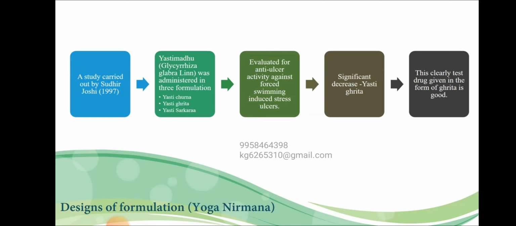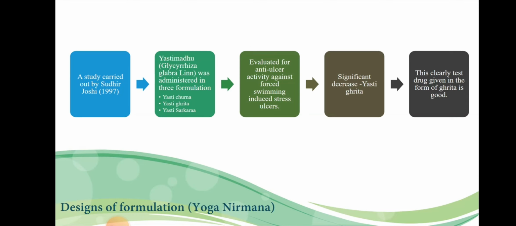The study was done in swimming-stress rats. A significant reduction in the ulcer was observed in the group treated with Yashti Grita. This clearly indicates that for stress ulcer, the test drug given in the form of Grita is good.